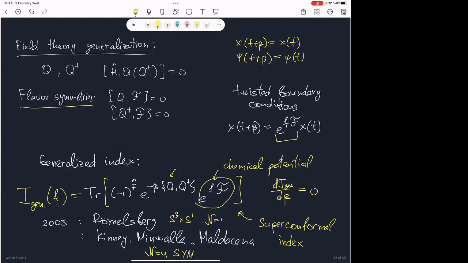This is one point. It's also interesting from the mathematical point of view. On the other hand, when you do this generalization, for instance this generalized index, it also sees all anomalies of the supersymmetric gauge theory, so you can compute anomaly coefficients if you know the index.